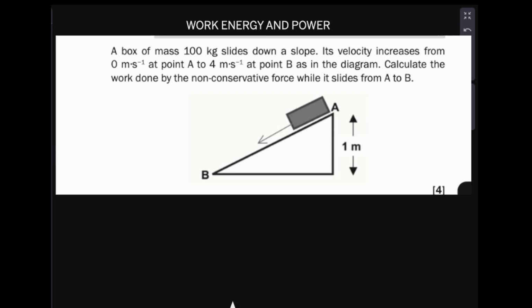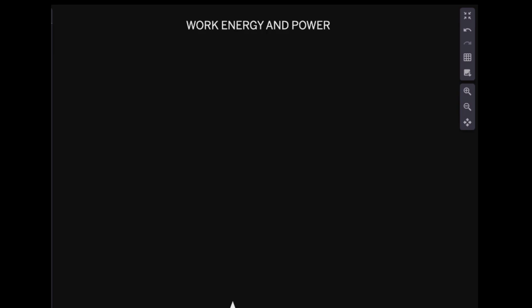Now, if we go here, we can quickly say this. We can say that W net will equal the change in potential energy plus the change in kinetic energy.